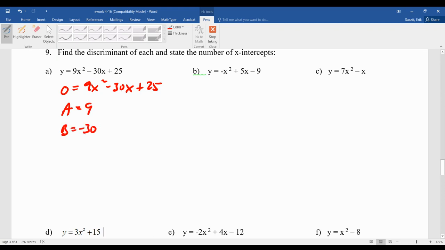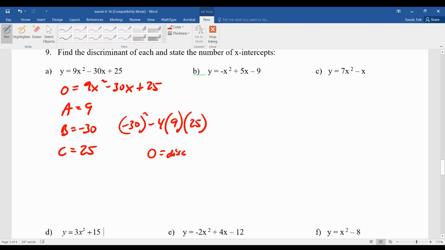That's negative 30. That's 25. You want to do b squared, so negative 30 squared minus 4 times A times C. And if you punch this into your Inspire on your calculator, all this should come out to 0. And that means find the discriminant. That's the discriminant.